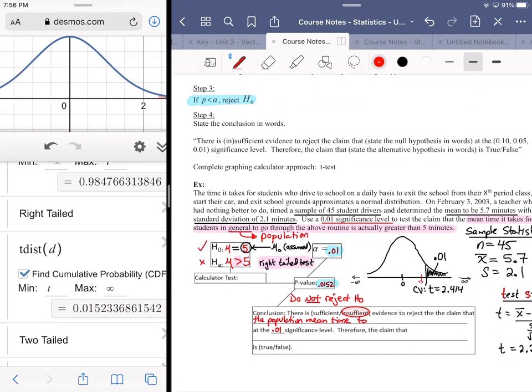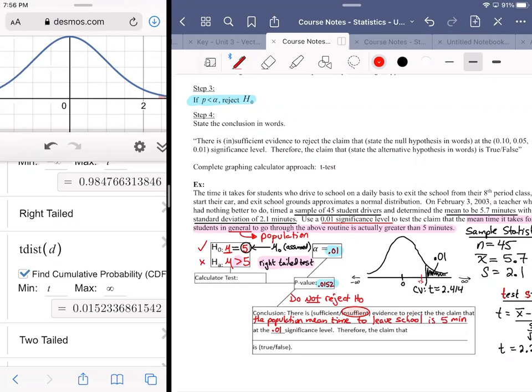So there's insufficient evidence to reject the claim that the population mean time to leave school, population mean is the mu, equals 5 minutes at the 0.01 significance level.